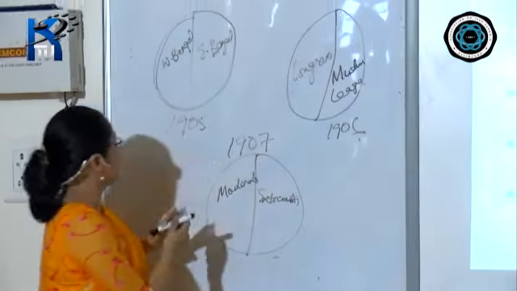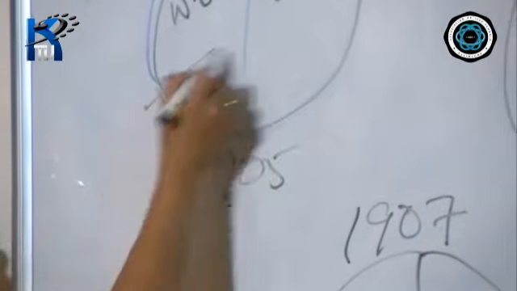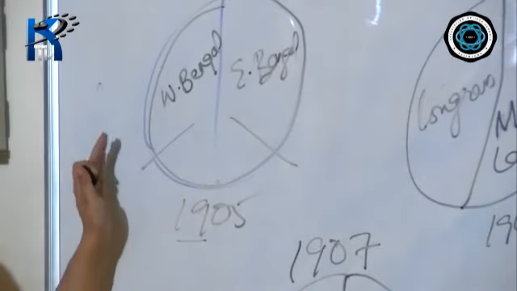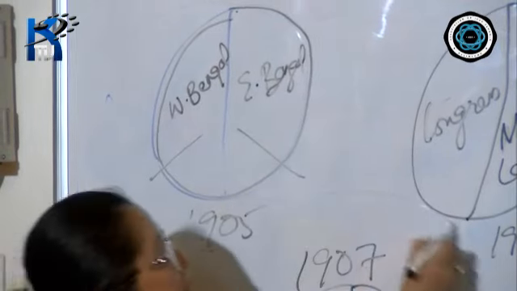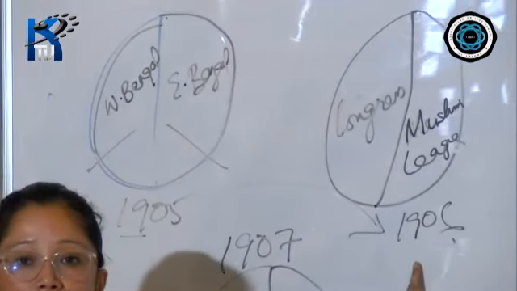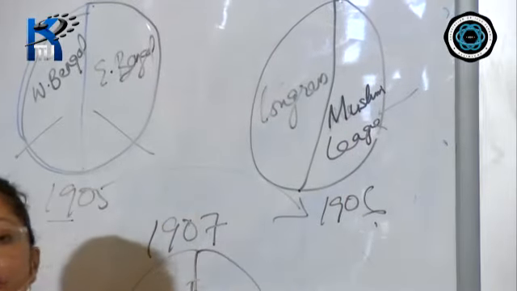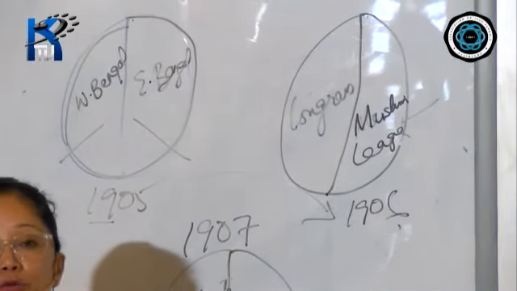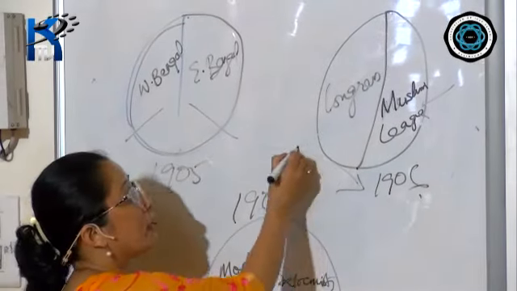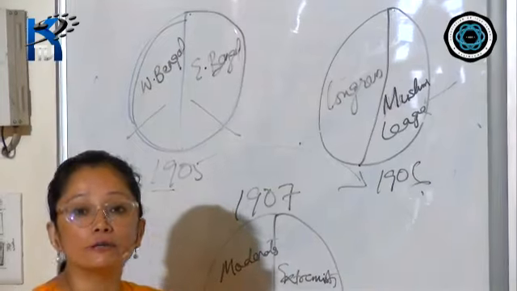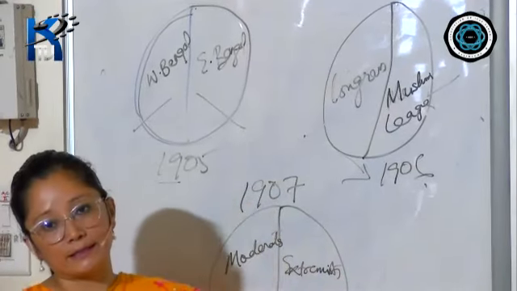For example, in 1905, because of the partition, we had two new provinces, West Bengal and East Bengal. The following year, in 1906, we also had the birth of a new political party called the Muslim League, because of which we now had one party that is Congress and the other that is Muslim League, which got separated.